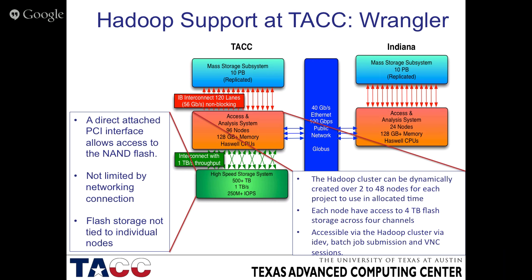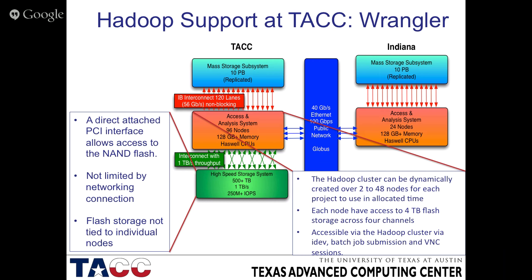For Hadoop clusters, Wrangler can support users submitting requests to create a Hadoop cluster specifically for their research group to use. The Hadoop cluster can include anywhere from 2 nodes to over 40 nodes.